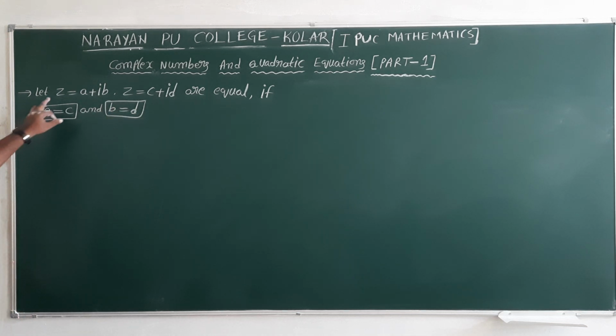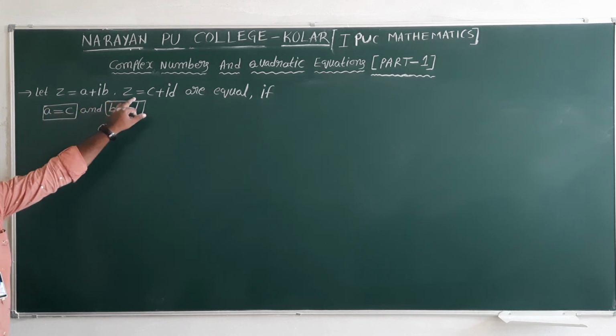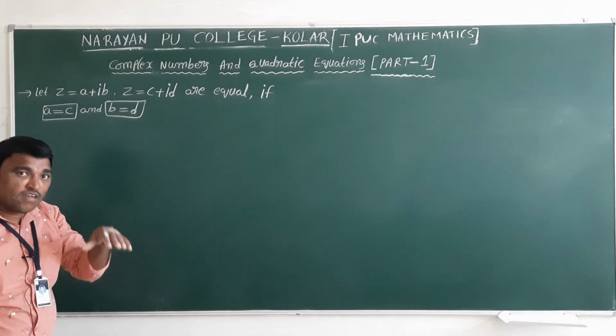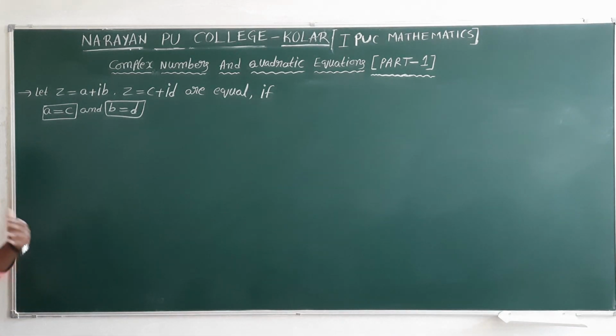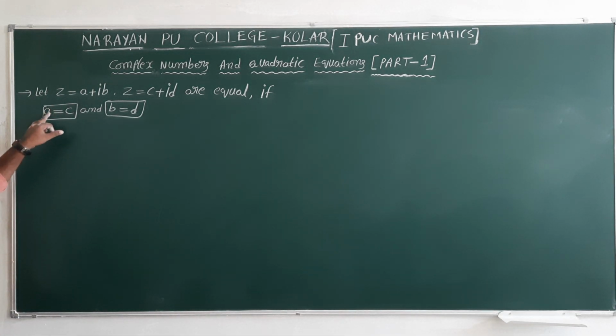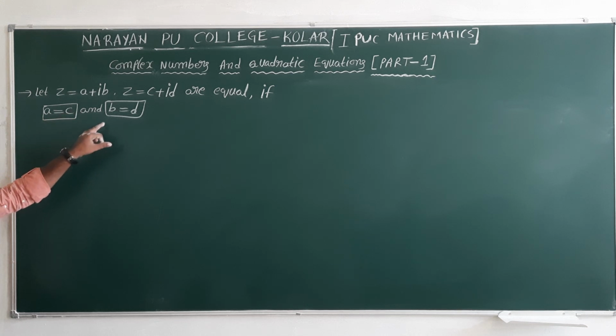Whenever we take two complex numbers, one is a plus ib, another one is c plus id, and they are equal, it is possible when a equal to c and b equal to d.